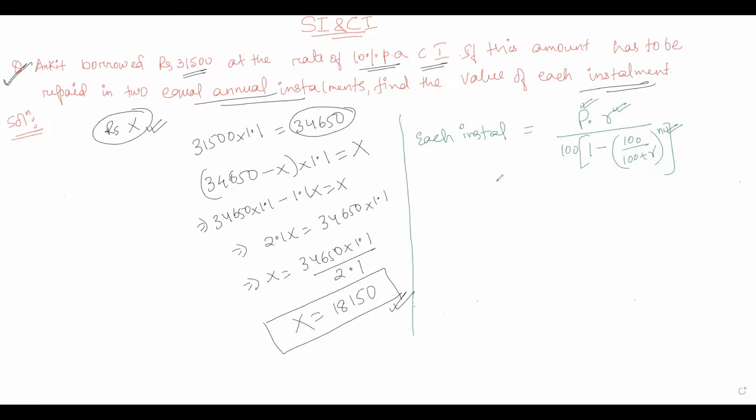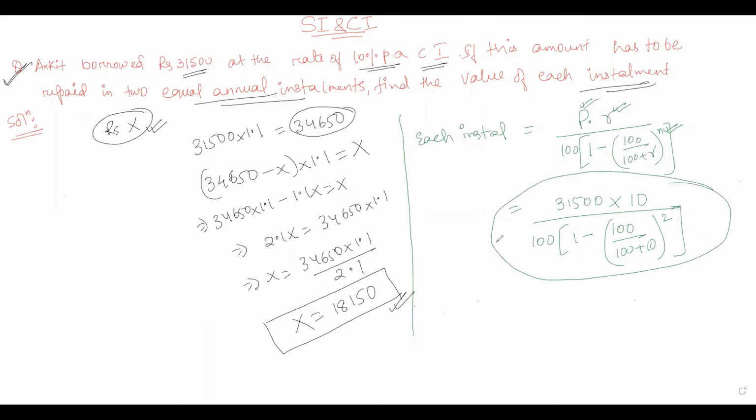So if we use this formula, this would be 31,500 times 10 upon 100, times 1 minus 100 upon 100 plus 10 to the power 2. If you simplify this value, you'll again get the same answer, that is 18,150. So either we can go via this process, that is, assume each installment to be X and solve it this way, or else we can simply use the formula for each installment.